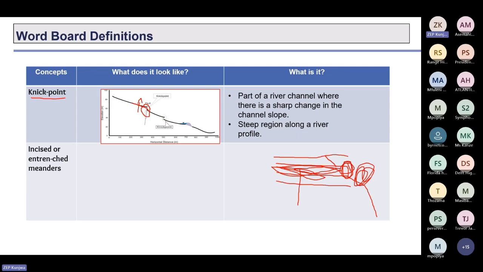So the nick point is going to develop differently according to the geology of the area. If you are in an area that has got a hard rock, you're going to experience faulting, and because of that upliftment there, you are going to have a nick point, which is going to create your waterfalls there.